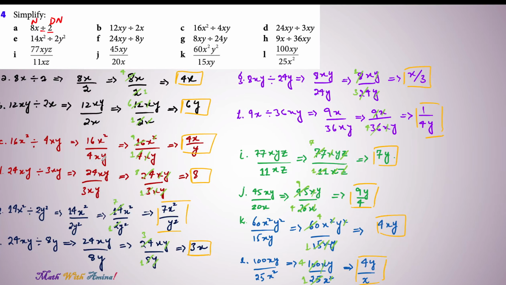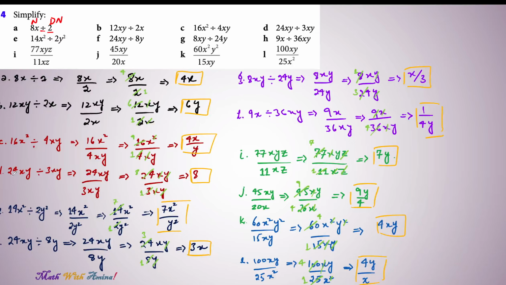So one x gets cancelled with the x in the denominator, one x is left in the numerator, and we are left with y in the denominator. So we get 4x over y.